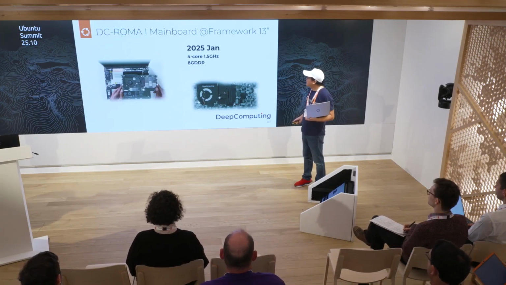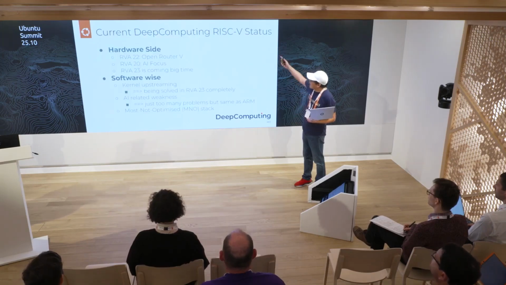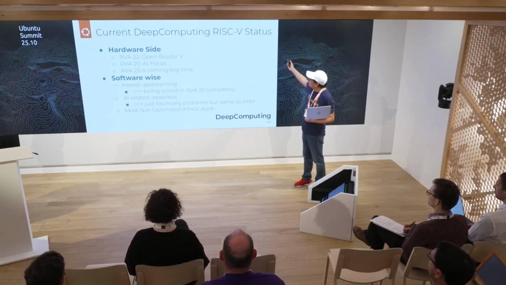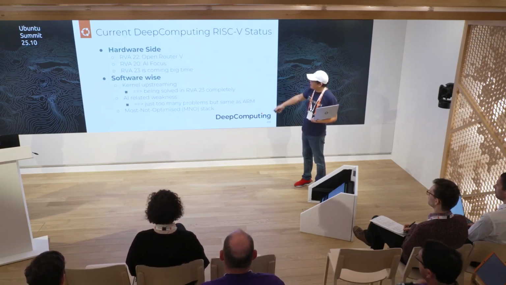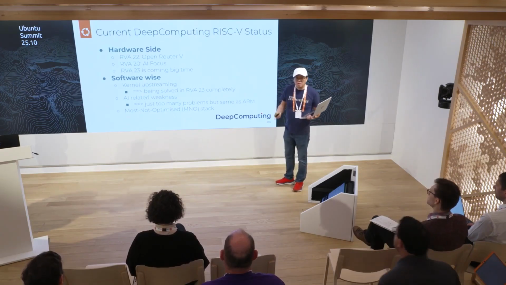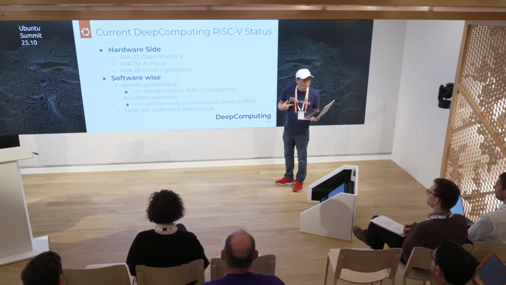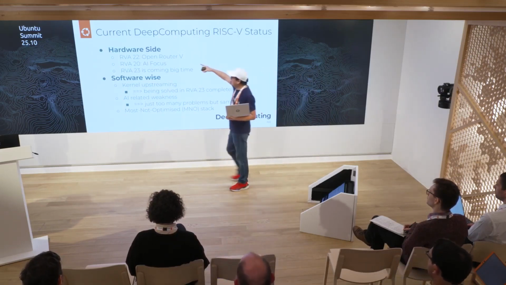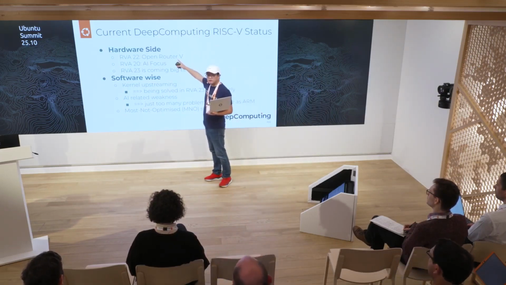After the Framework collaboration, we take a look at the hardware side now. Because RVA23 was announced, we have a problem of what to do with all the old chips. So we have an RVA22, which is SpacemiT with Vector.